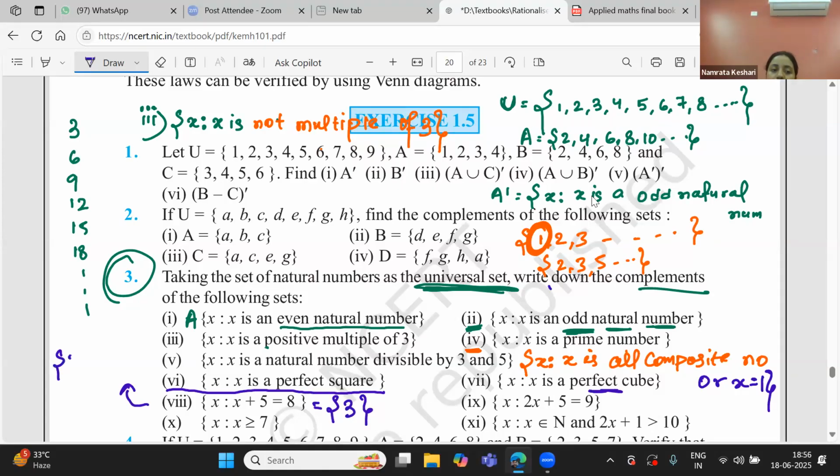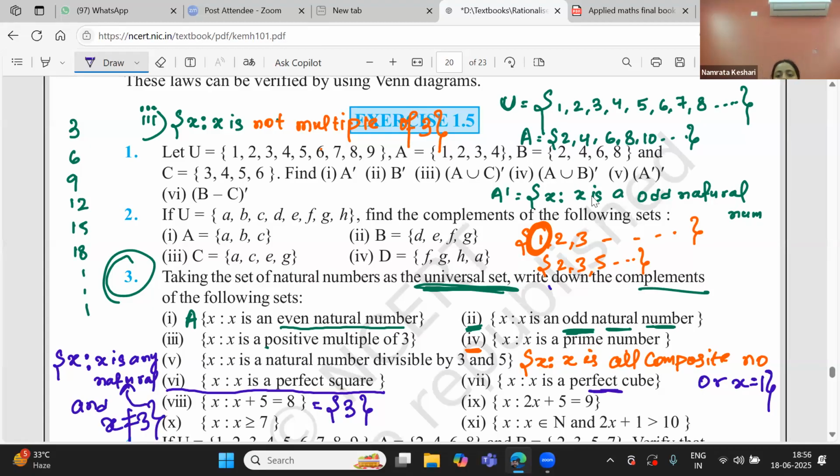We will say the set of all x such that x is any natural number and, very important, x should not be 3. Clear? Yes, ma'am.